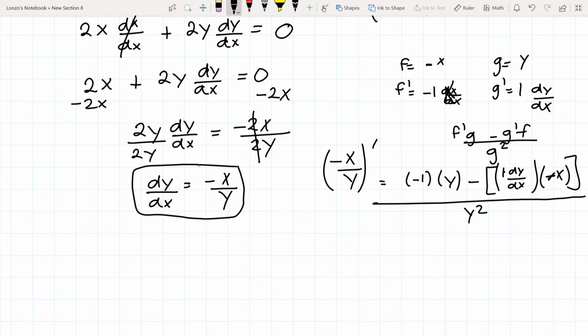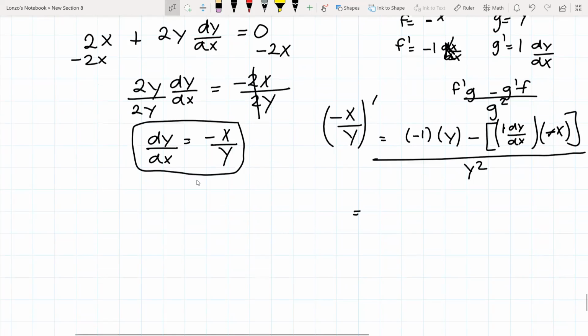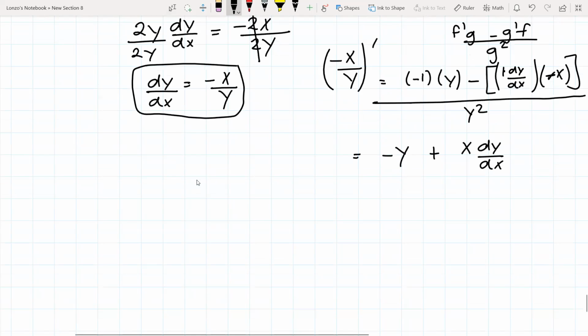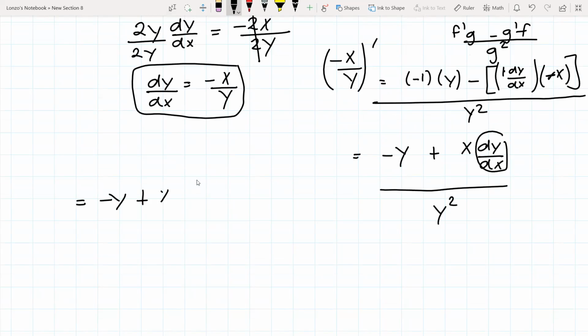Okay, so that would be negative y plus x dy over dx, all over y squared. So what we're going to do is substitute dy over dx with negative x over y. So that's going to be negative y plus x, and then dy over dx is negative x over y, over y squared.